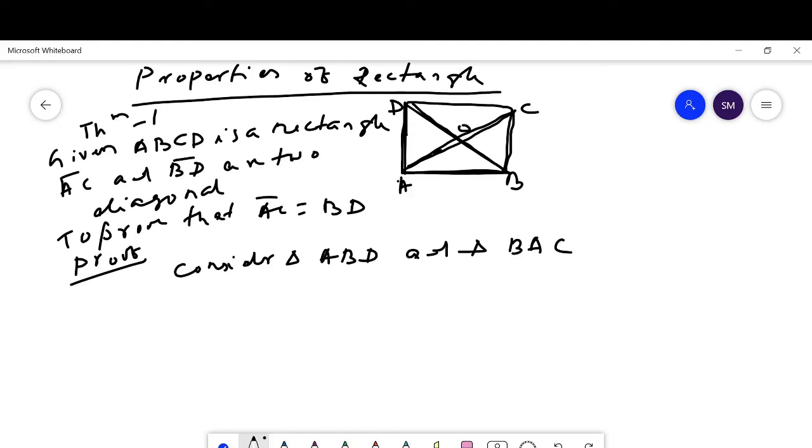Then here AB is equal to BA, common base.